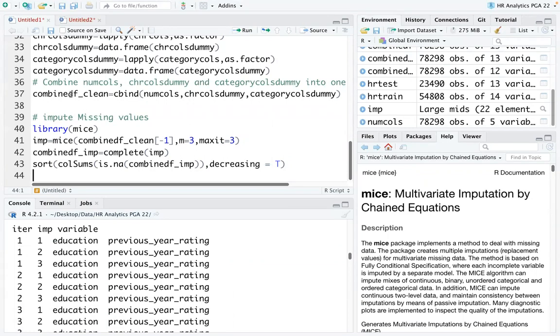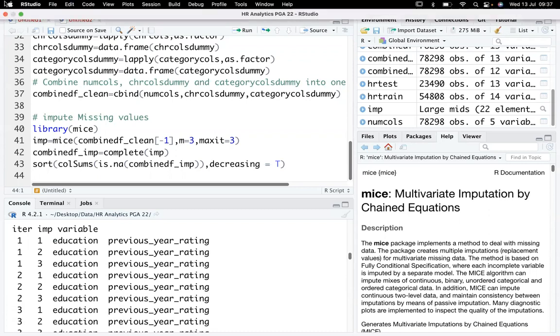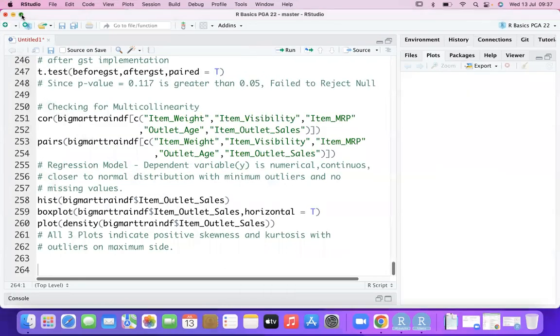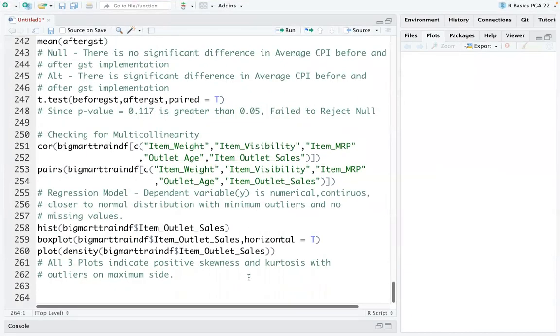So we have done two data sets, regression and classification. Okay, I am going back to the Bigma data. I am opening the Bigma data project, the project we worked upon.